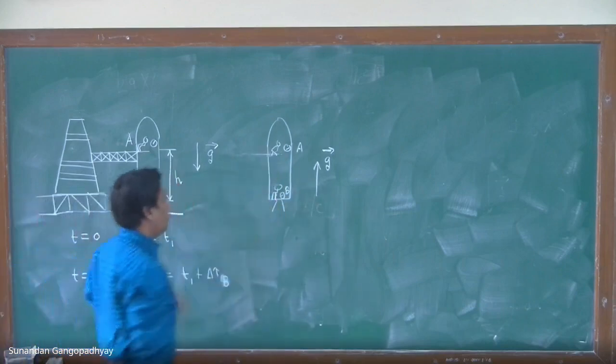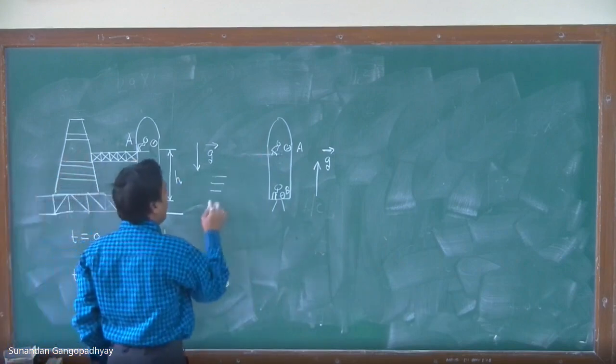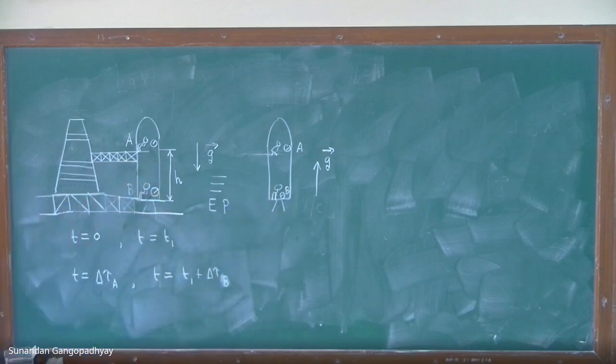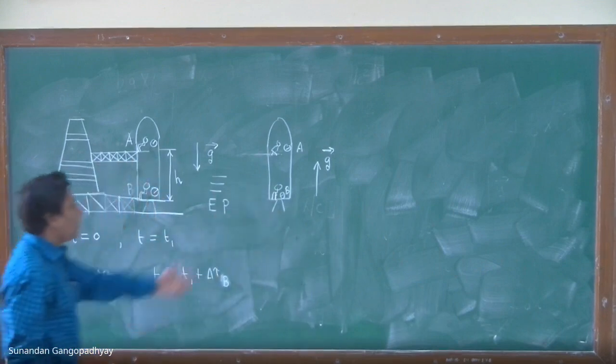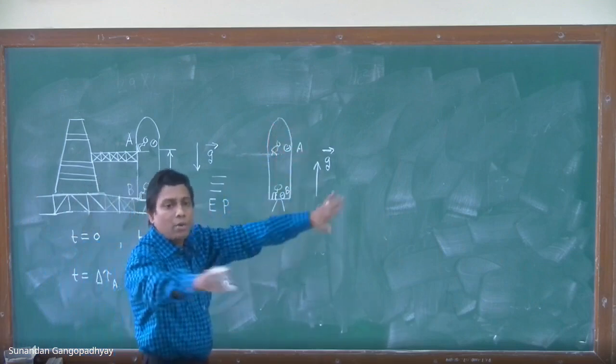So this same problem, by the equivalence principle, becomes this. Now I am assuming that the rocket is uniformly accelerating and far from any source of gravitation.